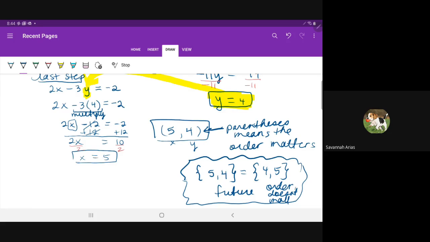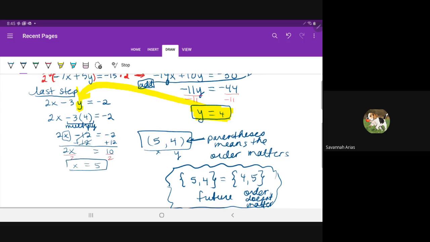And if you just put a comma and you don't put the parentheses, it means you don't care about the order. So you have to put the parentheses. A lot of people in the last class didn't have the parentheses, so when we did the corrections, I was drawing the parentheses in on their corrections. Okay. Try that way.